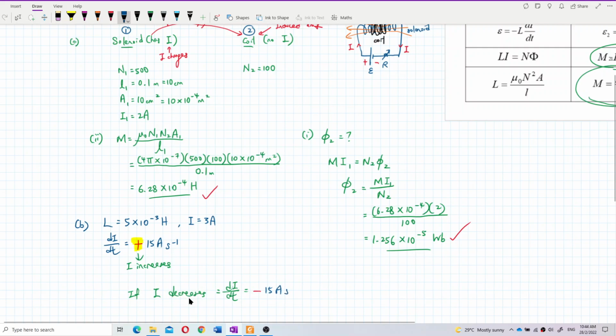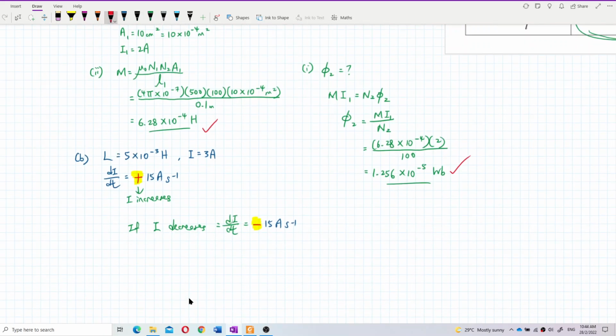If the word is decrease, if he says the current decreases, then you should put negative 15. But this one, current increases means di dt is positive. This is important. If he says current decreases, don't forget to put a negative sign. If current increases, it is a positive sign.